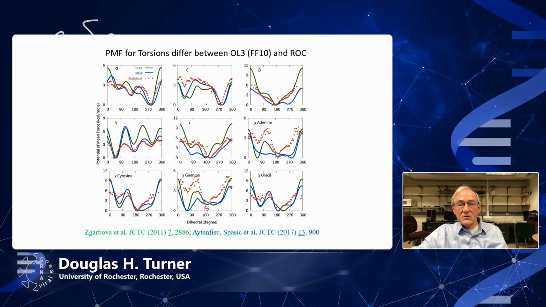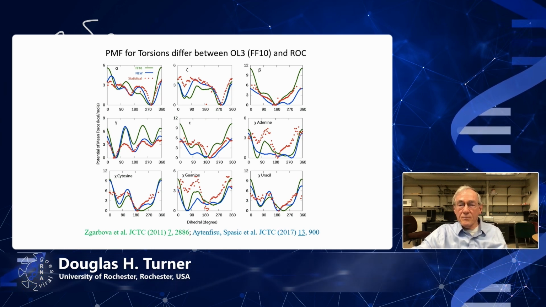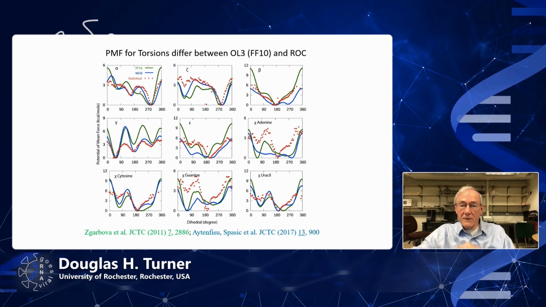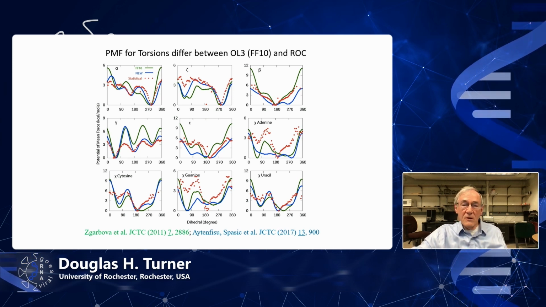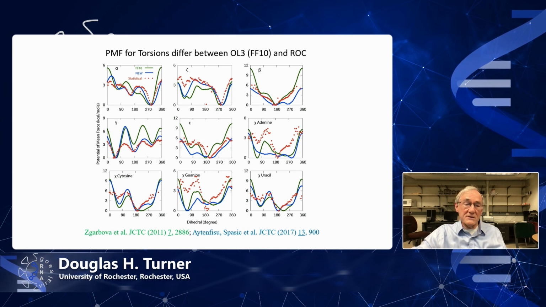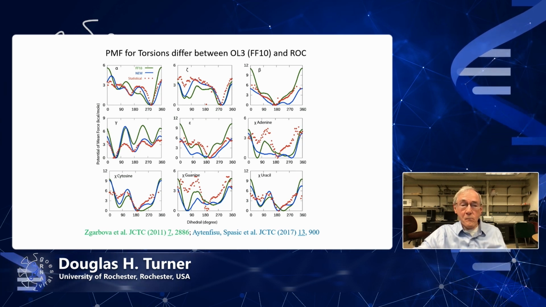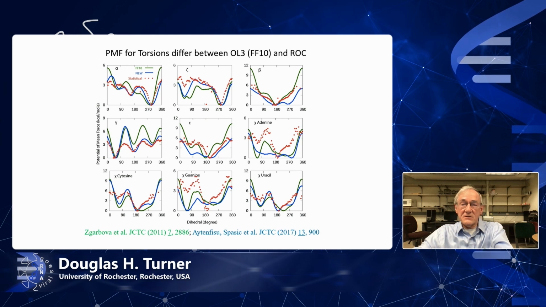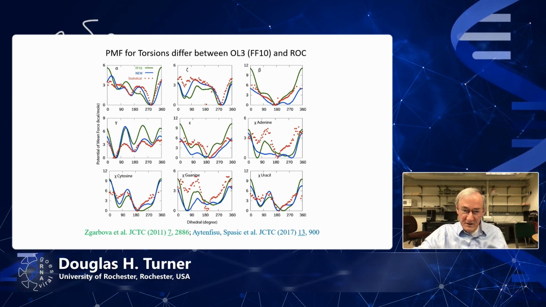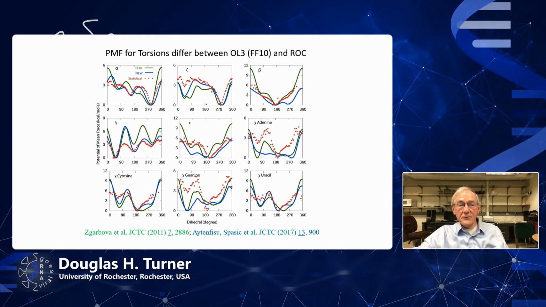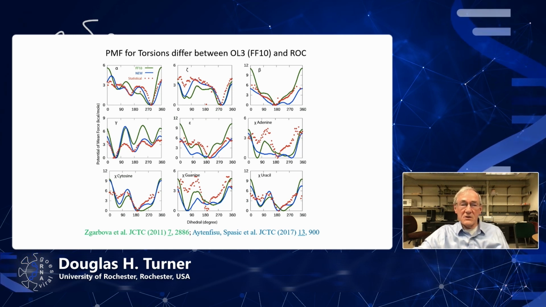So this slide is from the paper that's cited in blue on the bottom, but it has data also from another force field. That's the rock force field in that blue citation, and the OL3 is in the green citation here.